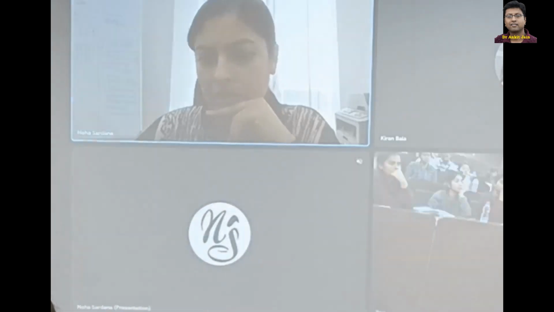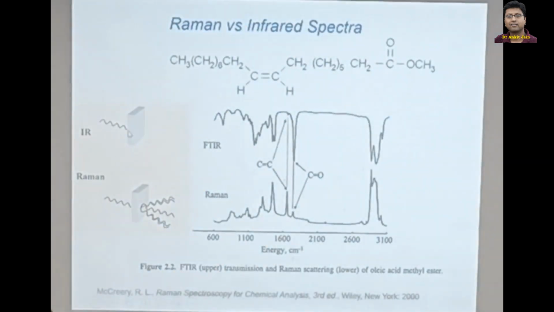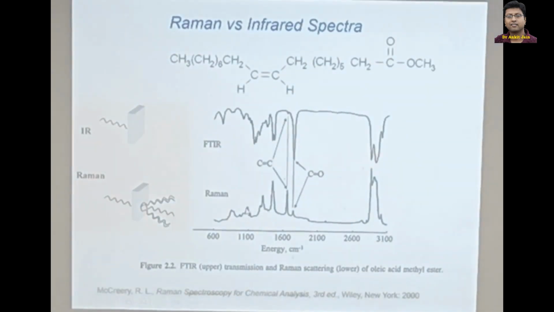Okay, ma'am. So this is what I was saying. If you have a certain kind of molecule, this is the FTIR spectra on top, and below is your Raman spectra. So if you see, both have the peaks at the same positions. Here, the intensity of the C double bond is low, and here it is high. Okay. Here the C double bond C intensity is higher, and here it is lower.